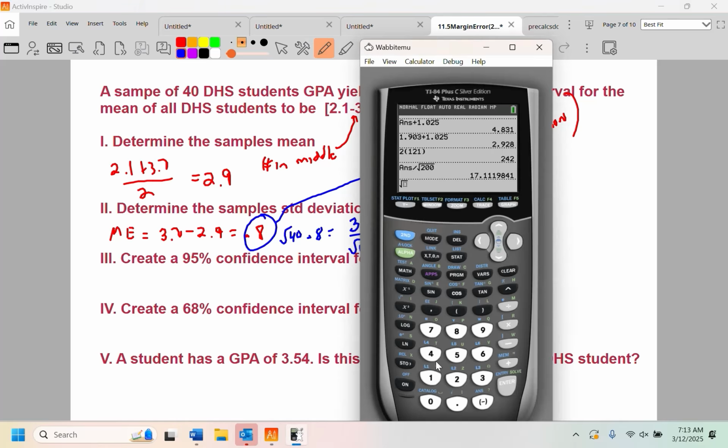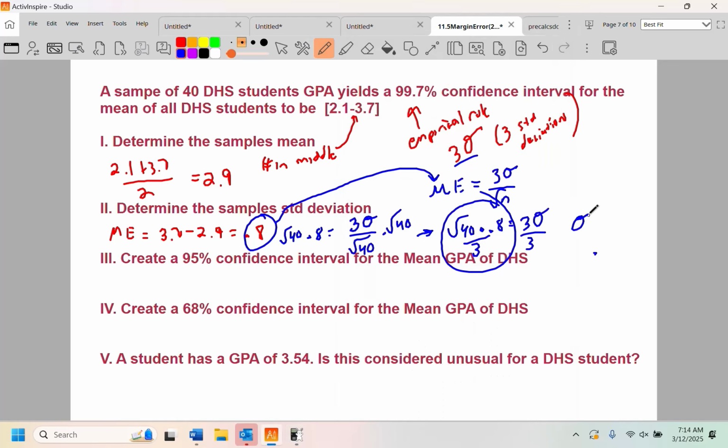I don't care what root 40 is until the very end. You shouldn't either. And there's my standard deviation. Sigma is about 1.69.